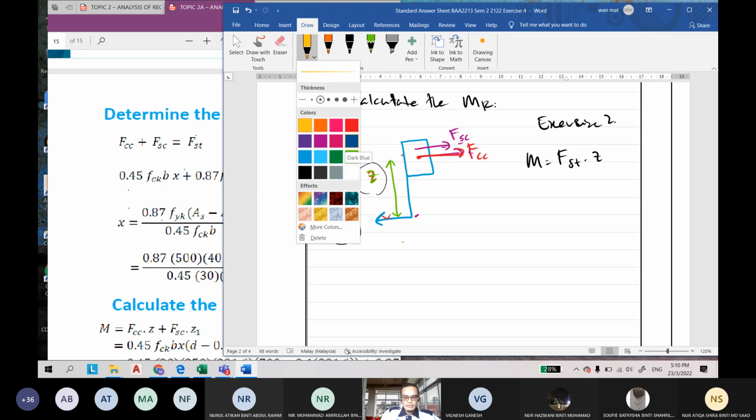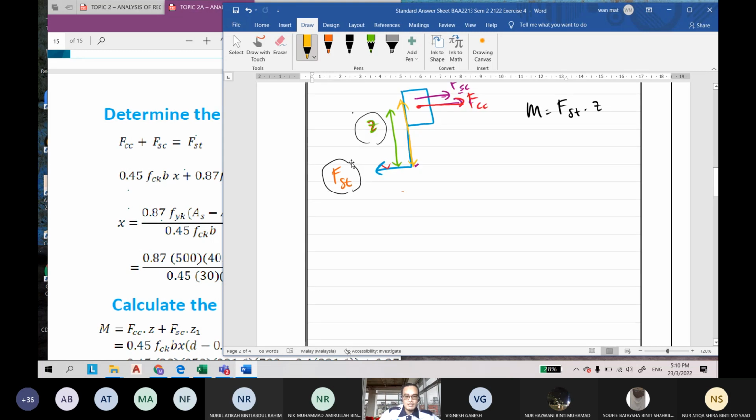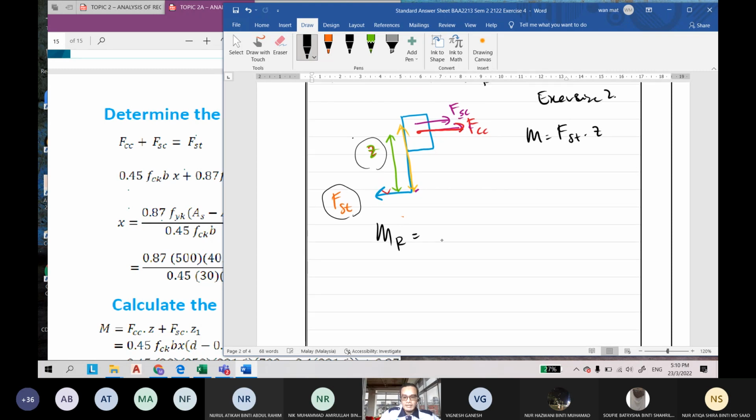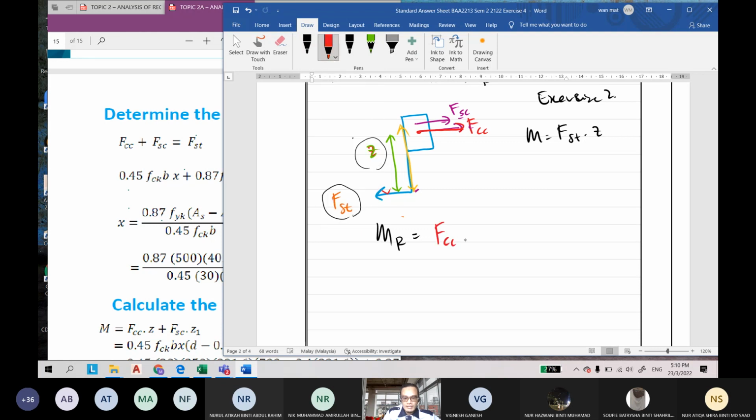The bending moment, the moment of resistance, is equal to FCC times Z1, so times Z, and then plus the FSC times the Z1.